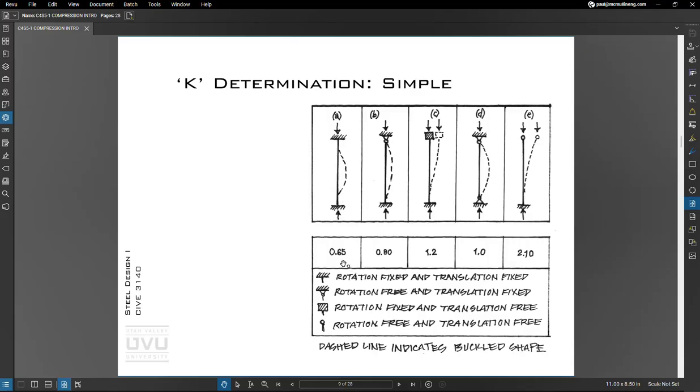So we're going to use a value a little bit more than 0.5. For a normal pin column, we're going to have a K of 1. If we're pinned-fixed, 0.8; fixed-fixed, 0.65; and if we're fixed-free, actually 2.1. In this case, if you imagine the deflected shape comes all the way down to here as the length, that's why this is extra long.